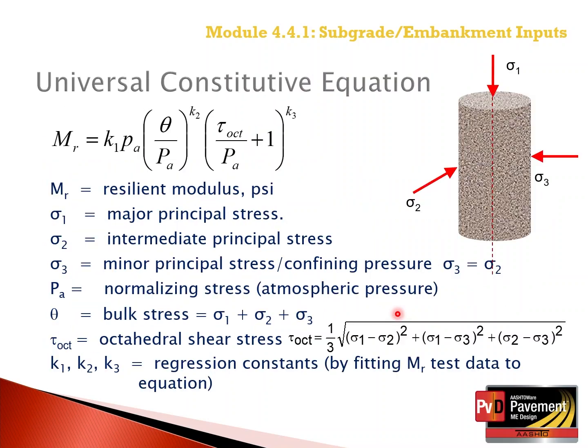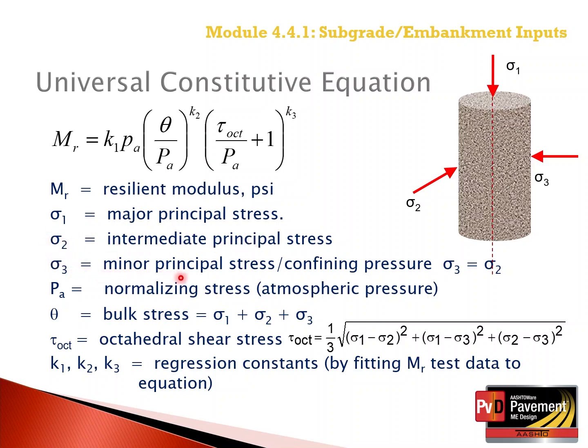So now let's review the universal constitutive equation. If you remember, this is the equation when we open the MEPDG manual of practice. This is the constitutive equation, which was included in Chapter 10, subsection 5 of the manual of practice. MR is the resilient modulus. Sigma 1 is the major principal stress. Sigma 2 is the intermediate principal stress.